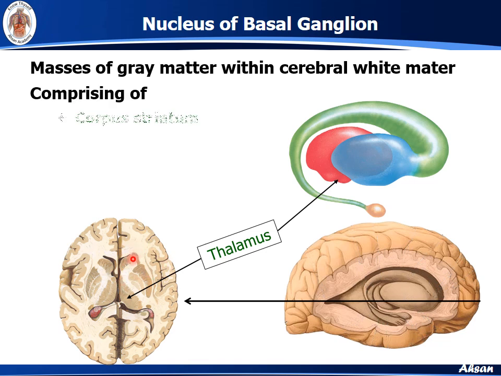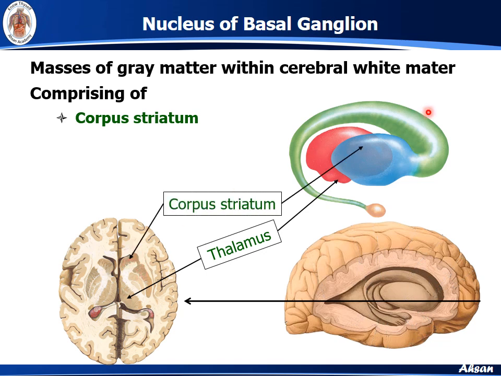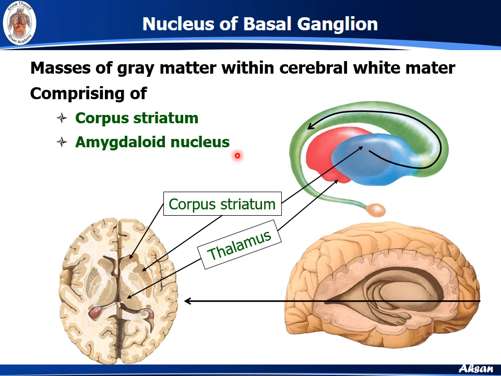So this one comprises the corpus striatum. This is the corpus striatum, and then it's continuous posteriorly, and this one is the amygdaloid nucleus.